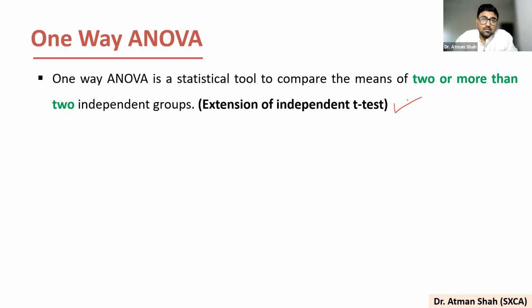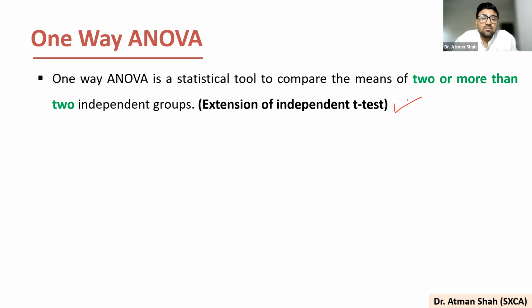One-way ANOVA can be used when we have 2 independent groups also, but we have the independent samples t-test exclusively for 2 groups, and therefore we always use one-way ANOVA when we have more than 2 independent groups.